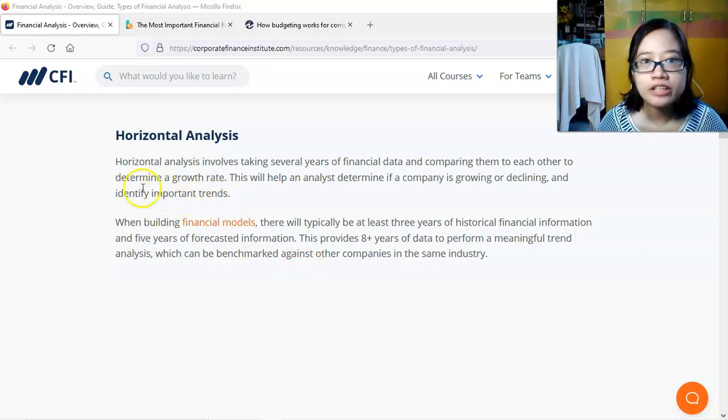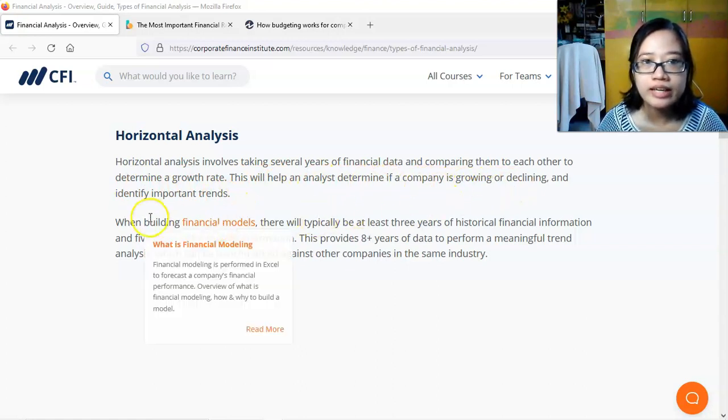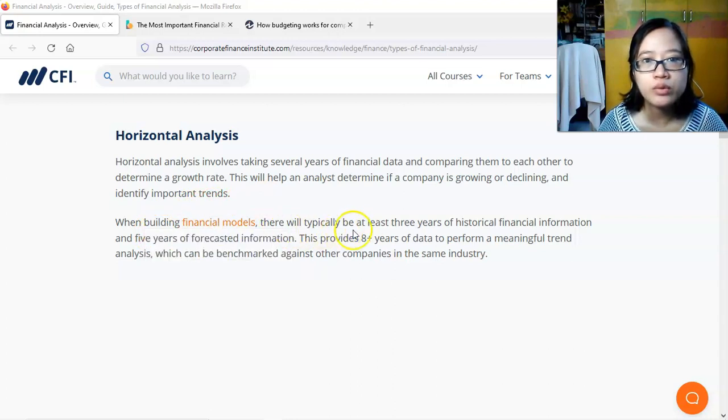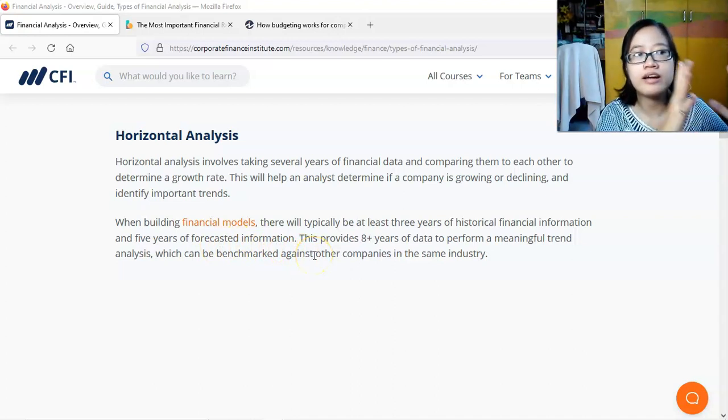And yeah, determine the growth rate, determine if a company is growing or declining, and identify important trends. When building financial models, there will typically be at least 3 years of historical financial information and 5 years of forecasted information. Okay, so you have your historical data, and by using the historical data, let's say makita mo, every year tumataas ng 3% yung revenue.